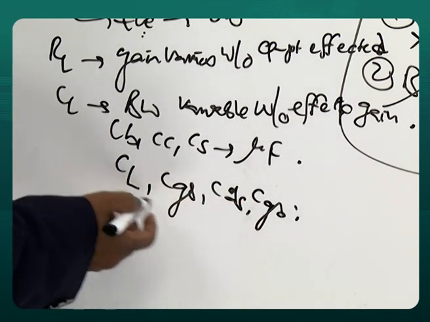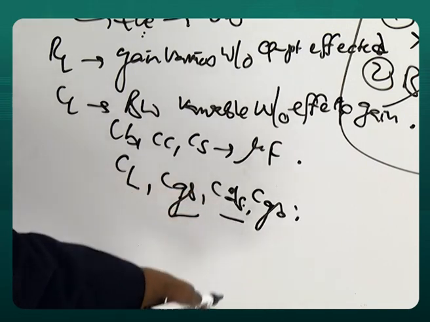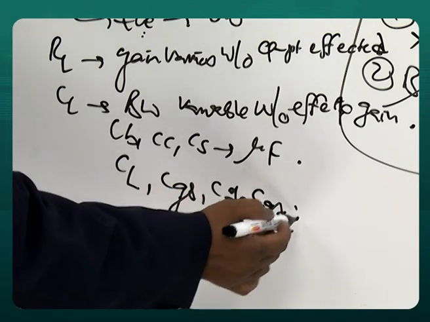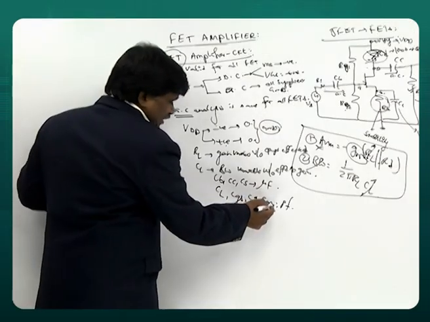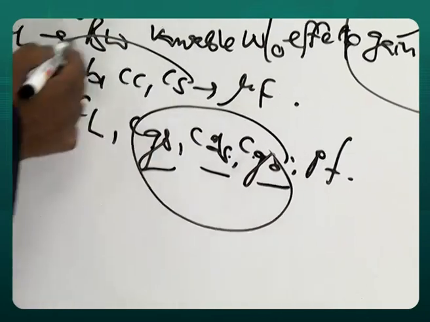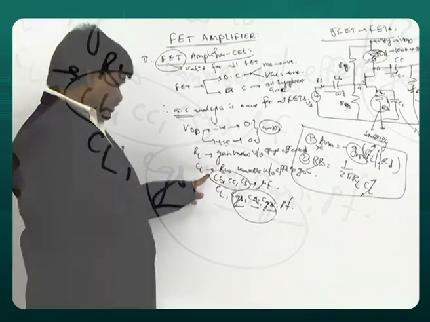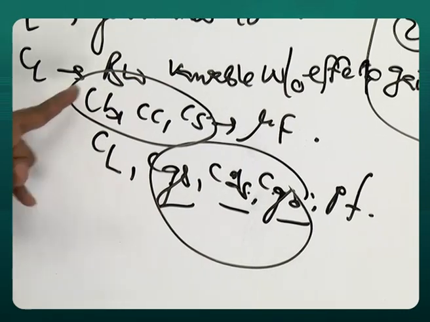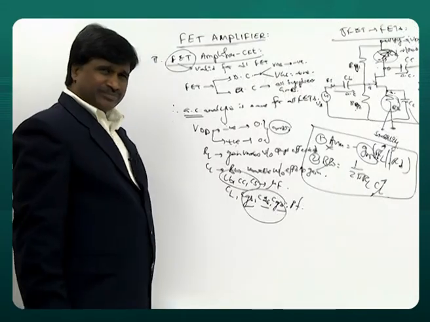What are they? Gate to source capacitor, drain to source capacitor, gate to drain capacitor. They're all picofarad. So all these three capacitors are internal, and these are external. This is also external but pico.